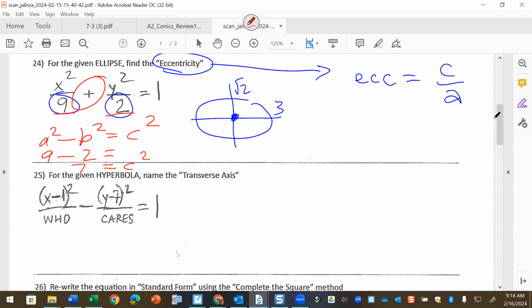So what is baby C all by itself? Square root of 7. Okay. And which one was baby A, the 3 or the radical 2? 3. The 3. Okay. There is your eccentricity. No decimal needed because you don't have a calculator.